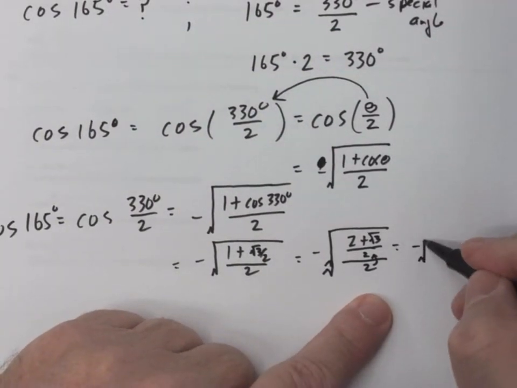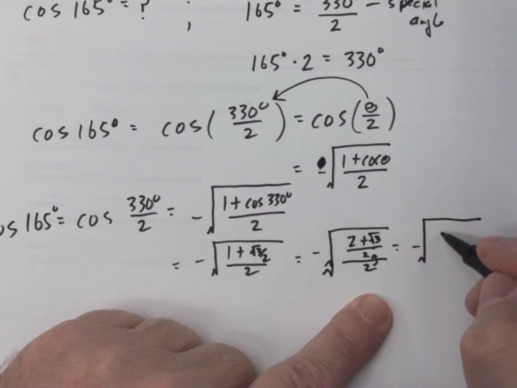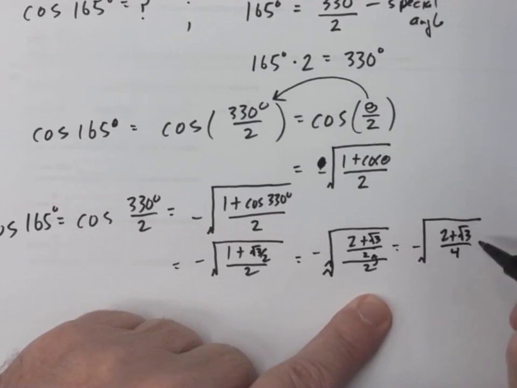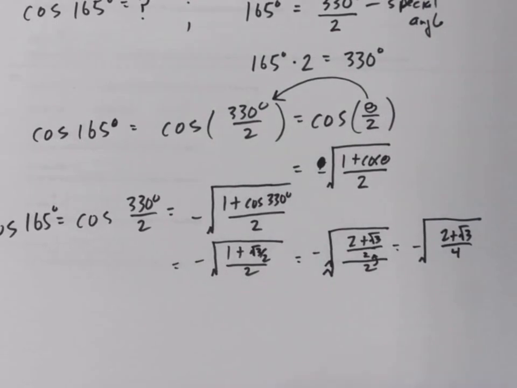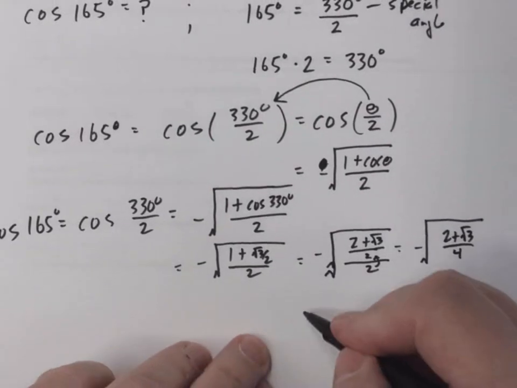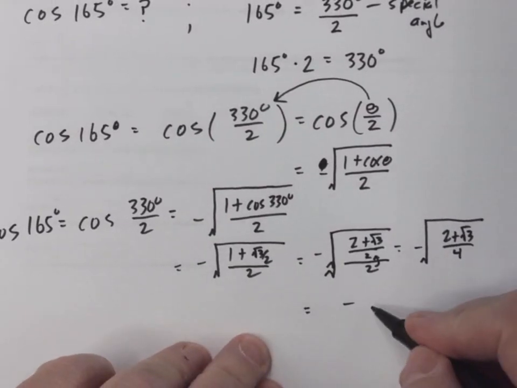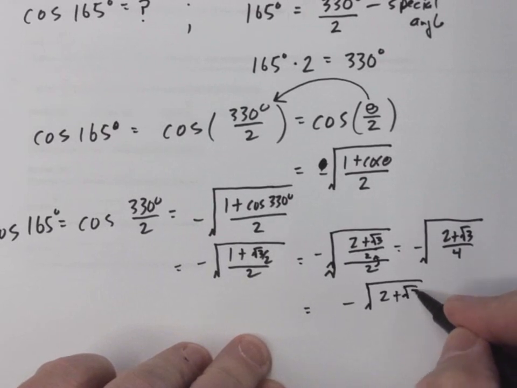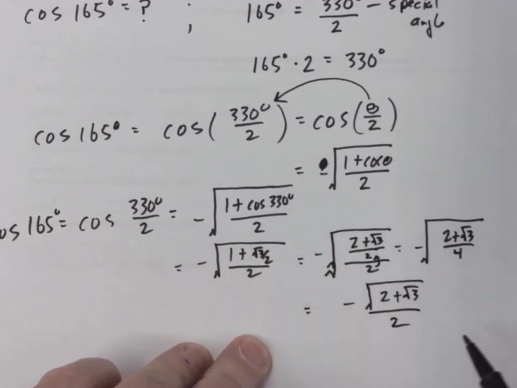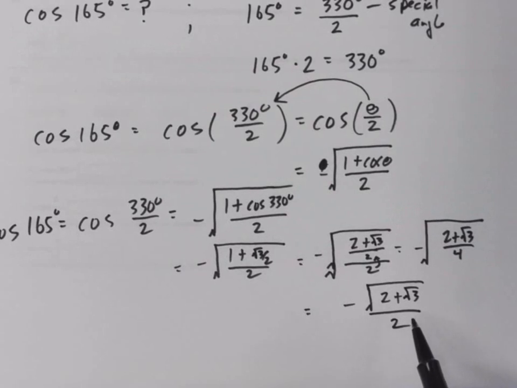So now I have 2 plus square root of 3 over 4. Now, in the denominator is a 4, square root of 4 is 2. So I can now write it like this. Still pretty messy, but that is actually the exact value of the cosine of 165 degrees.